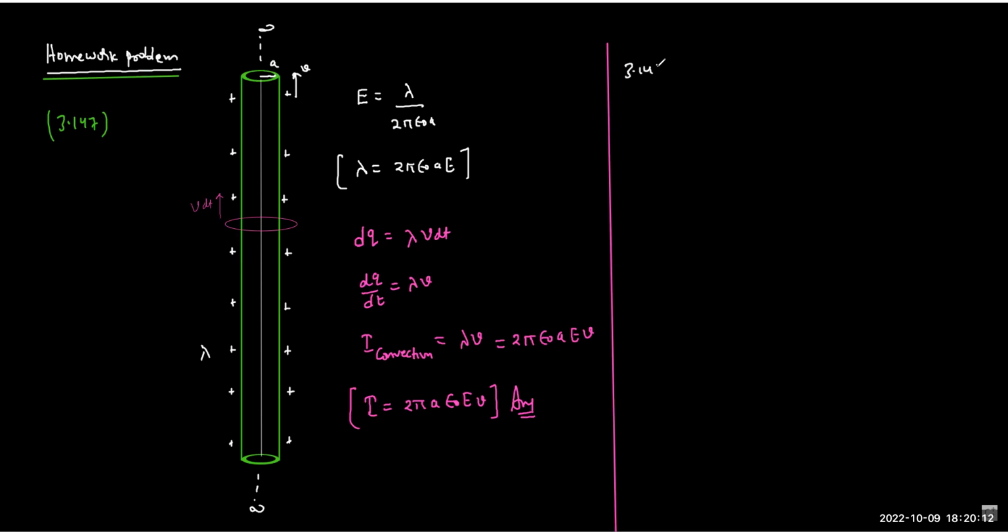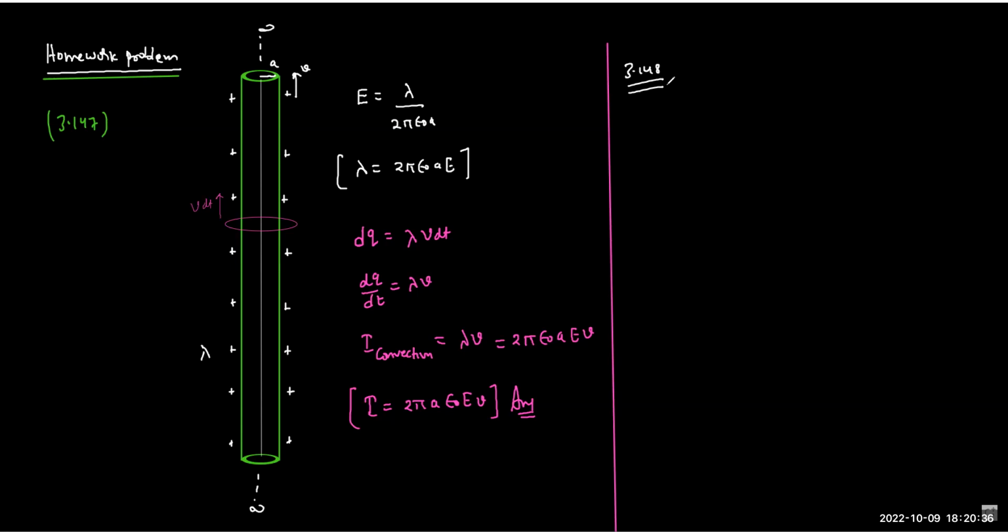3.148. An air cylindrical capacitor with a DC voltage V applied across it is being submerged vertically into a vessel filled with water at a velocity v equal to 5 meters per second.